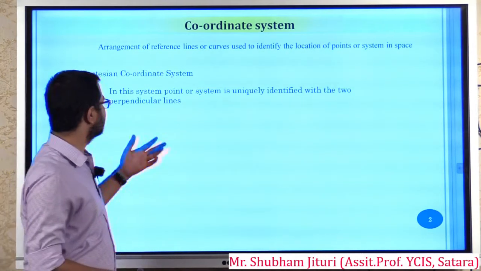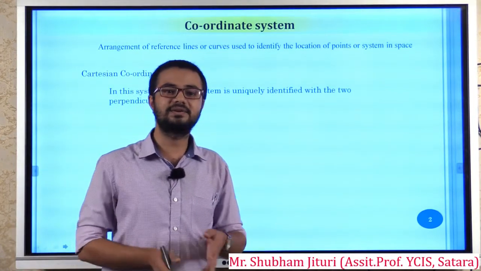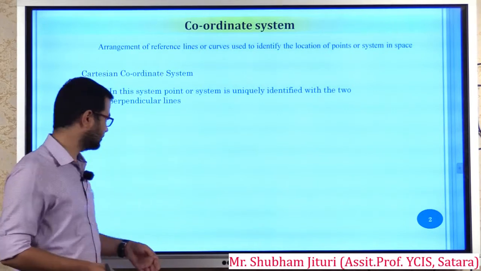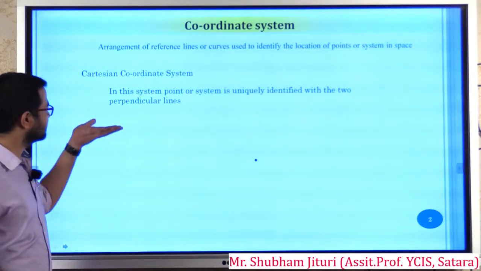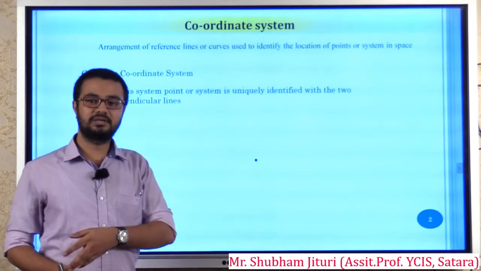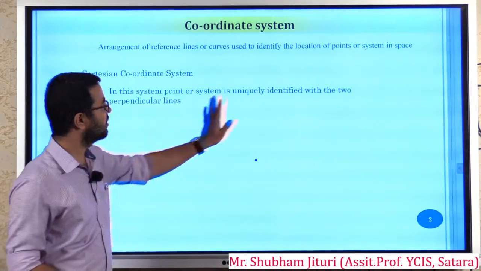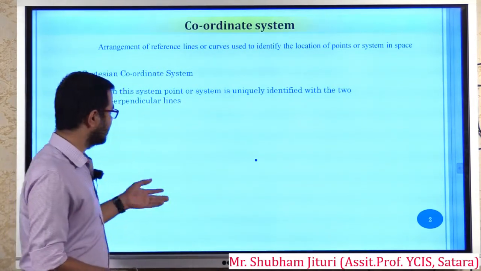The Cartesian coordinate system has two axes, which you call the x-axis and y-axis, and those two axes are perpendicular to each other. For that, I am taking an example. Suppose an ant is moving on this plane, and I have to study its motion.